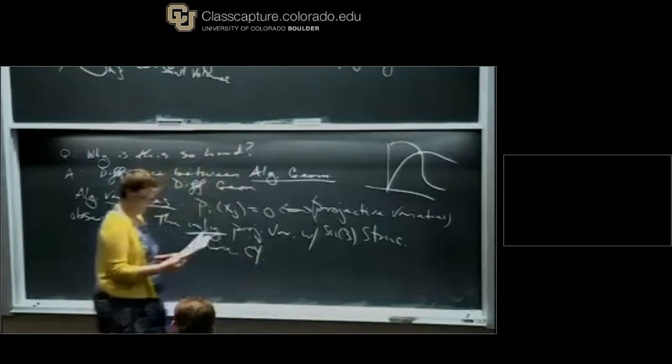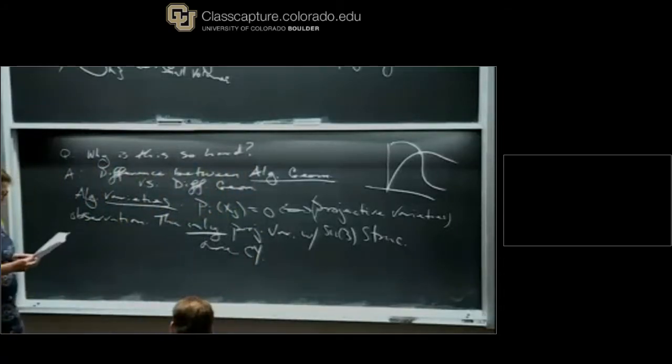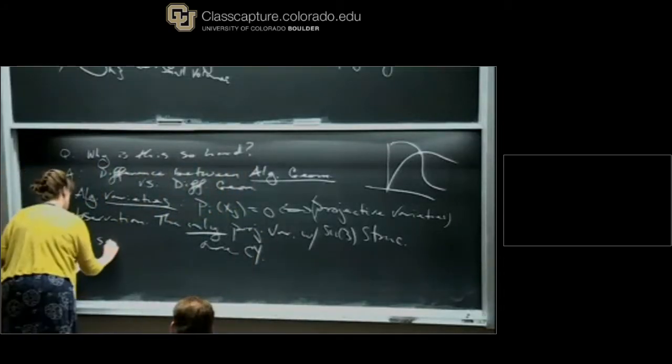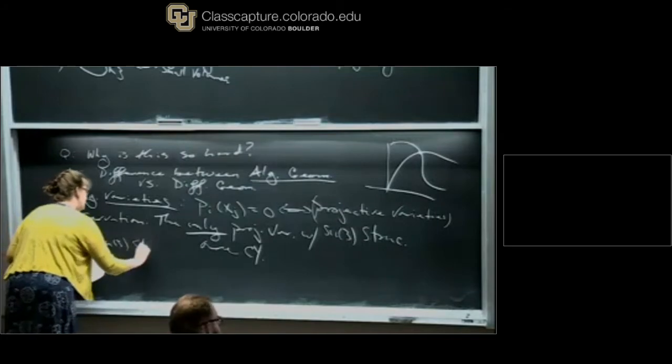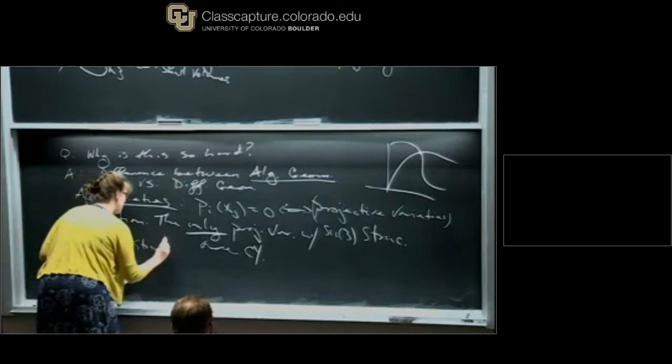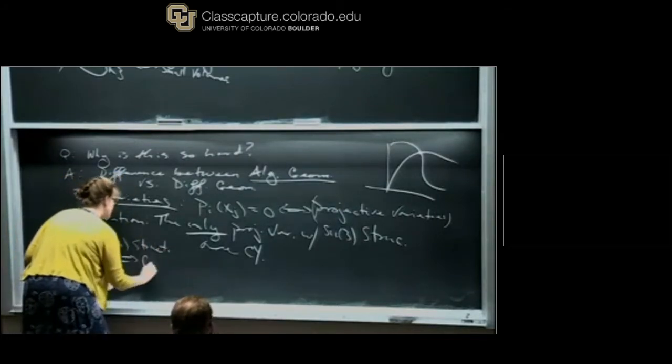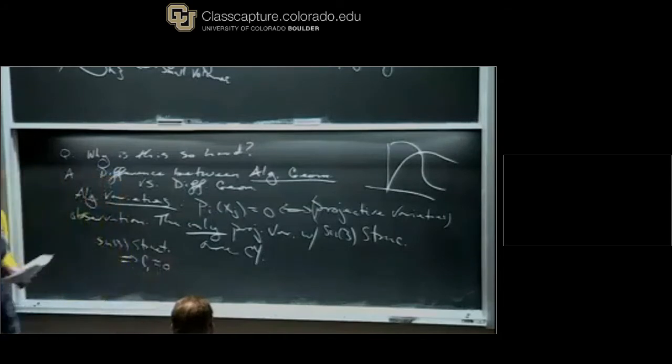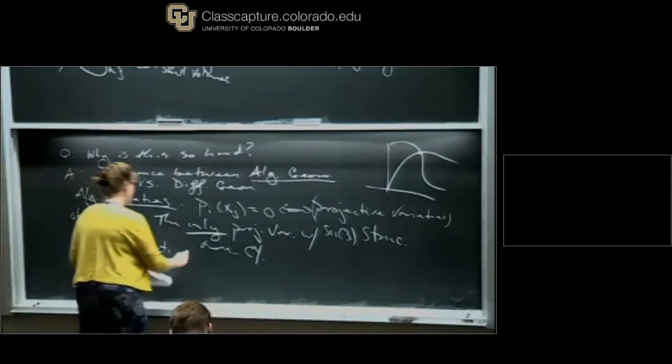Okay, very loosely, why is this true? So the SU(3) structure implies that c1 is 0, as we described, the vanishing of the first Chern class.